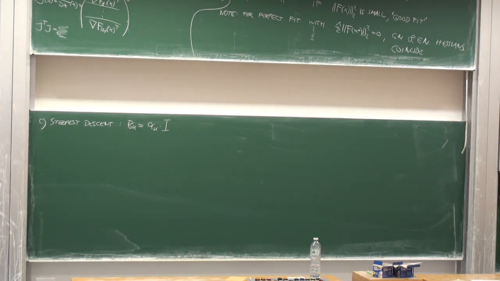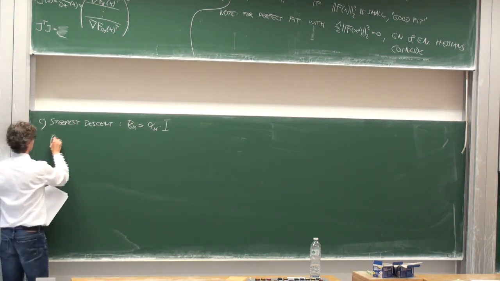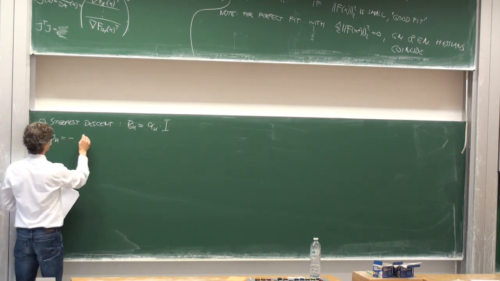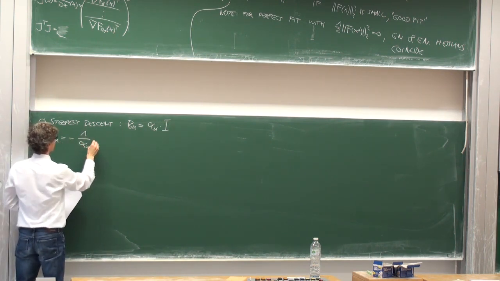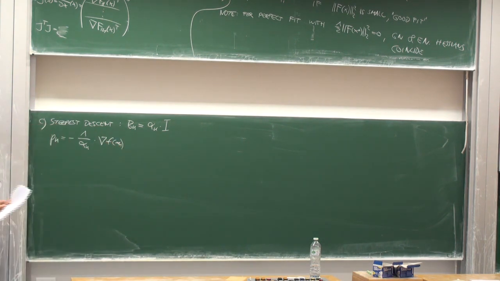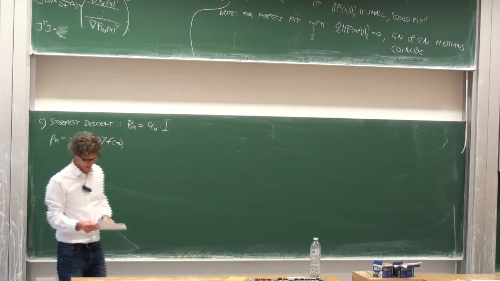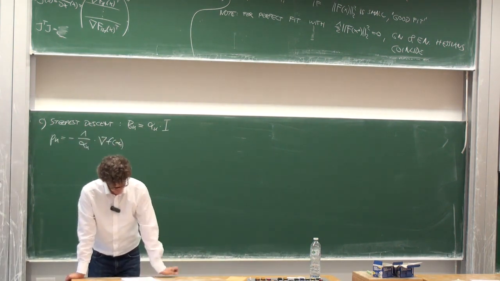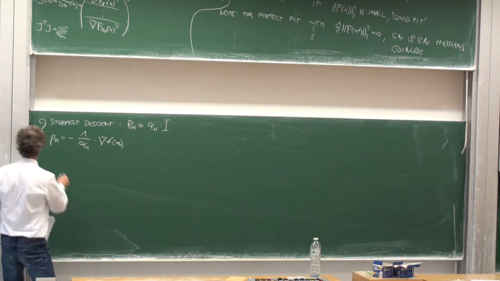And with this one, we will automatically get that p_k, the step, is minus 1 over alpha_k times nabla f of x_k. So this is again a method that I could always apply. Gauss-Newton I can only apply if I have a quadratic objective, but now I'm back at the general case. So that's the negative gradient.